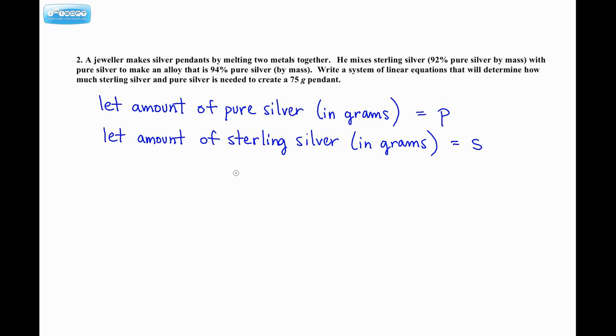So we just know that P plus S has to be 75. Okay, this is in grams, but I don't need to write the units because this is just an equation, but we made sure that P and S were both in grams. Okay, so this is our first equation. That wasn't too bad.